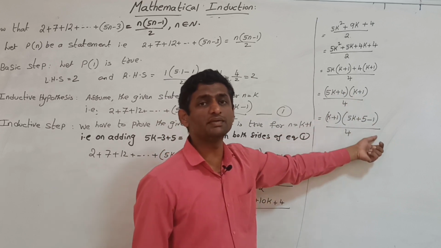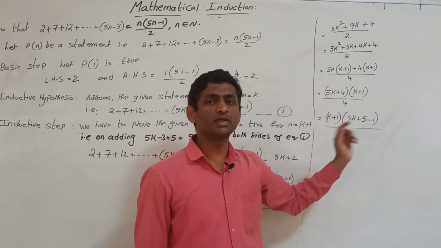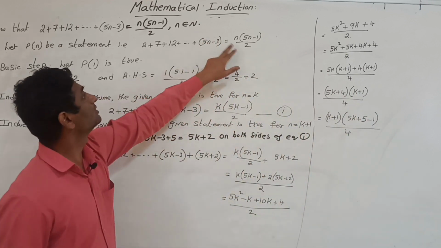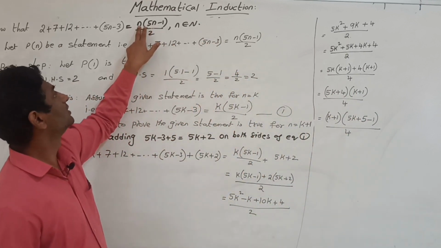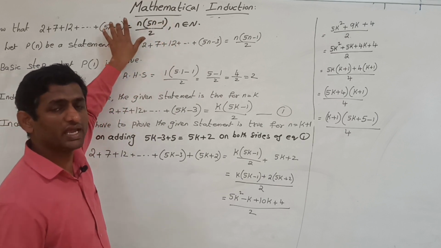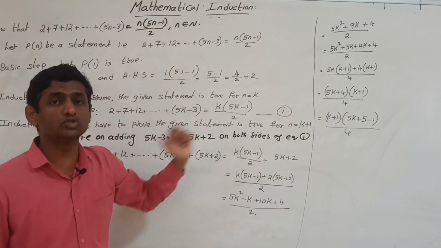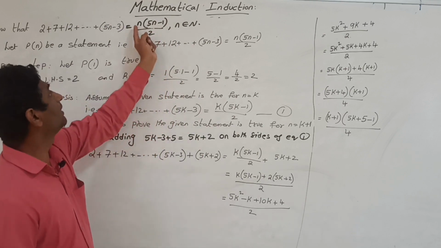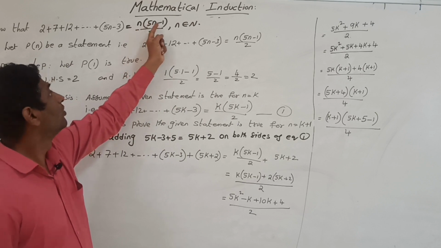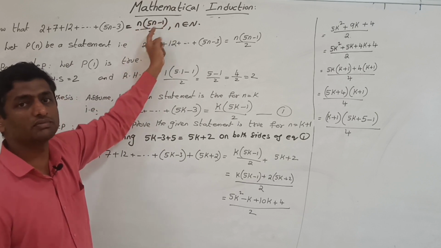4 can be written as 5 minus 1. Why do we have to write it as 5 minus 1 only? Because it should be in the form of n into 5 times n minus 1 by 2. If it is k into 5k minus 1 by 2, then our result to be proved is k plus 1 into 5 times k plus 1 minus 1 by 2.